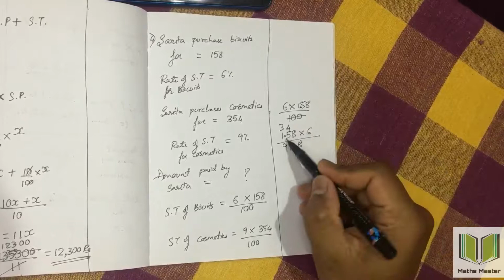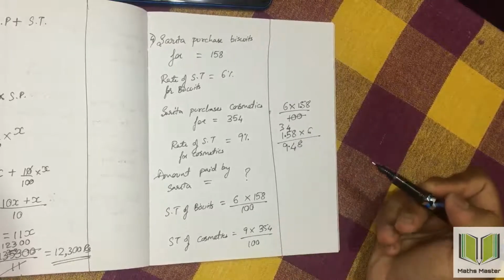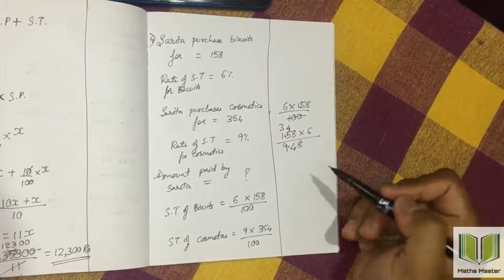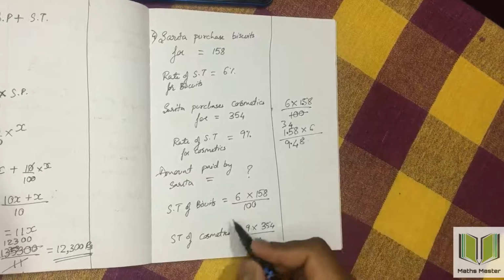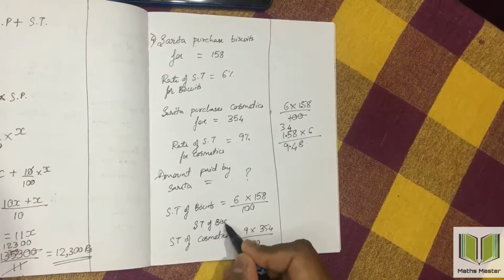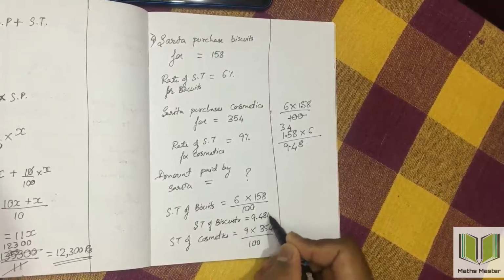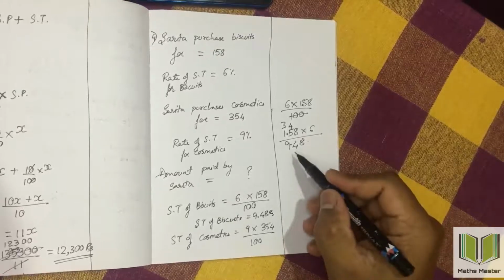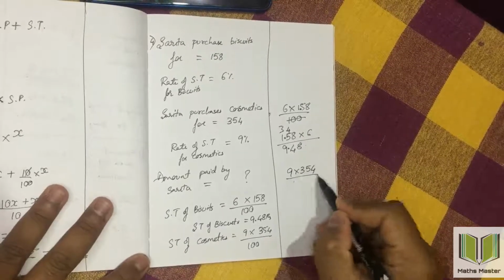So after decimal point, there are two numbers. So it will be 9.48 rupees. So sales tax of biscuits is equal to 9.48 rupees.